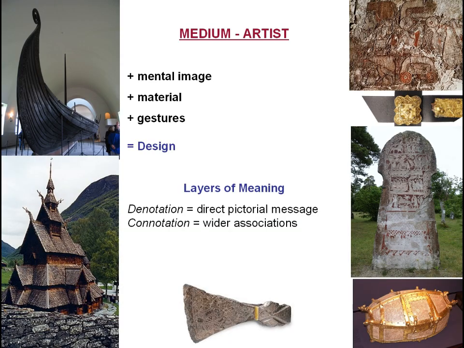A classic example is a cross that shows a person we know as Jesus just having been crucified and died on it. That would be the denotation if we see something like that. The connotation might be on a higher level, the ideology of Christianity that has obviously some relevance for some Western societies.